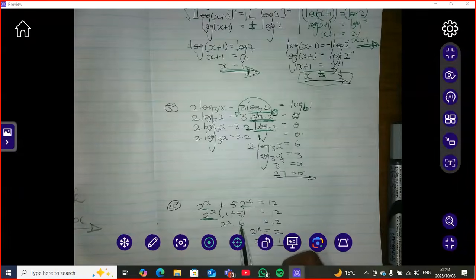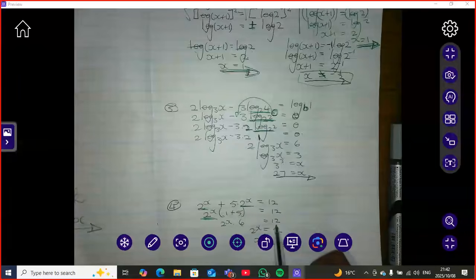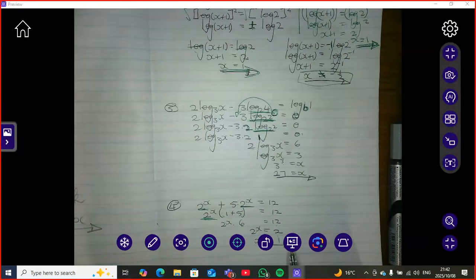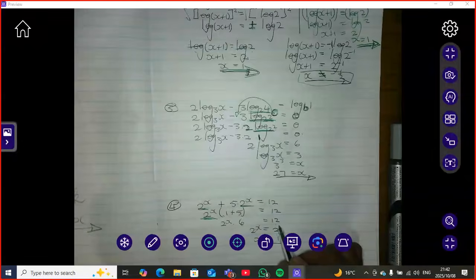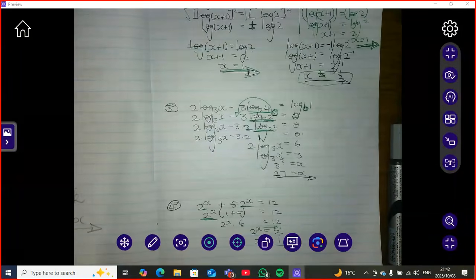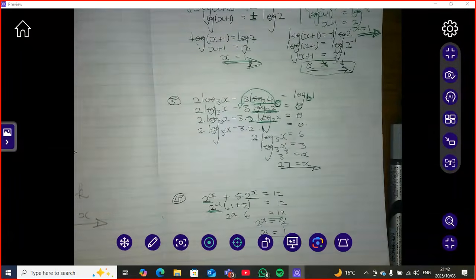Then I add it together. I divide this 6 into that 12 to give me 2. Laws of exponents says when the bases are the same, you can set the exponents equal to each other. x equals 1. Finished. Plain and simple. Fast, quick, and in a hurry. Everybody happy. Very simple and straightforward, right?